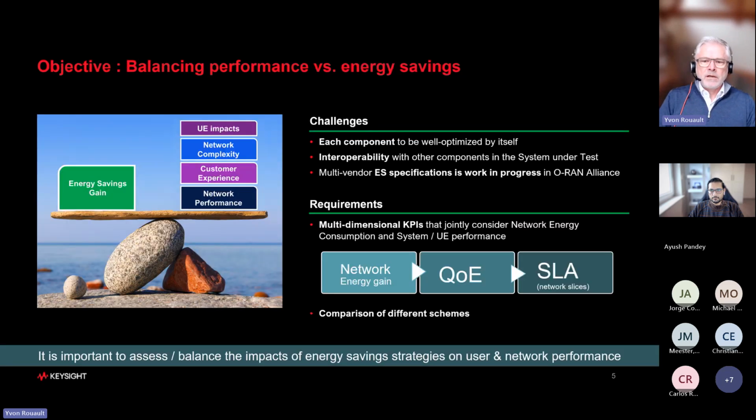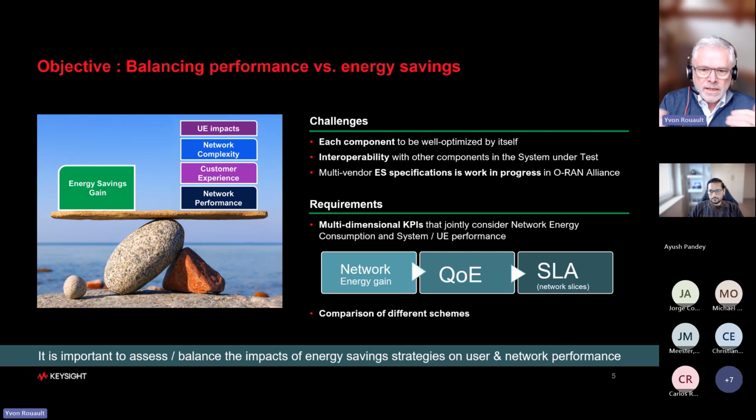So let's have a look at what it means. It's always possible to reduce energy consumption. We can use equipment that is less hungry for energy, or different techniques, like shutting down some antennas at night. But at the end of the day, what really counts is to strike a balance between energy savings and the impact on the network efficiency and the customer experience.